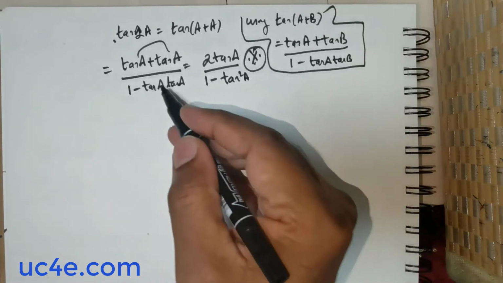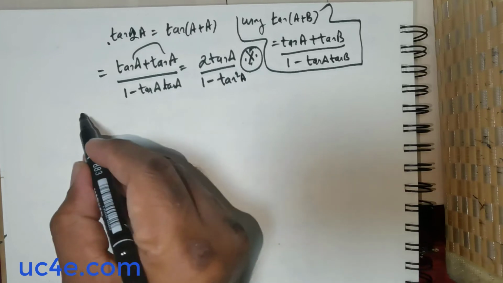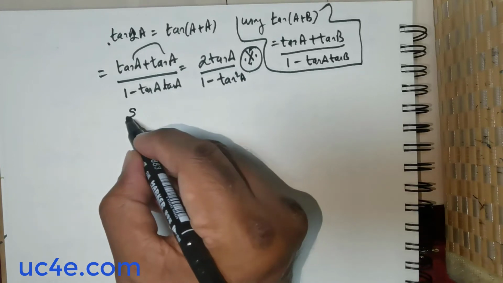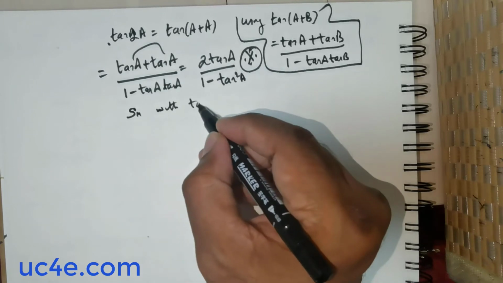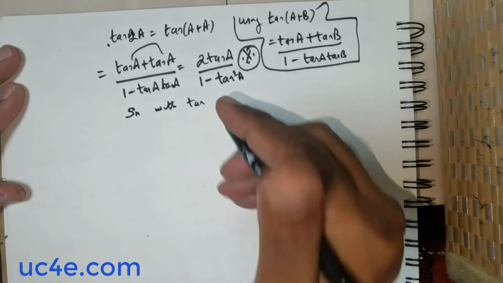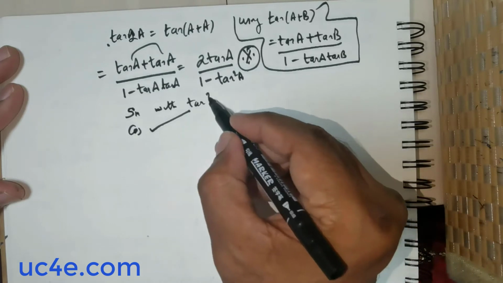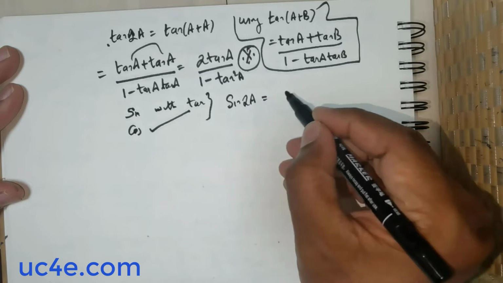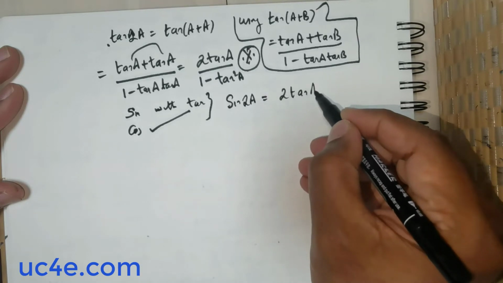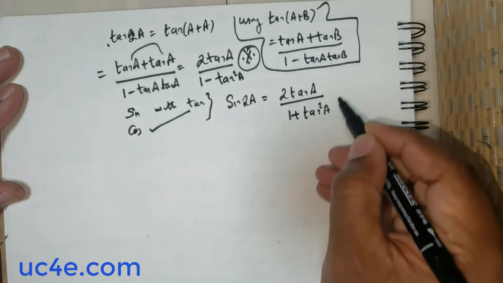Now, having obtained the formula for tan 2a, there is also a relation which we can use that connects sine with tan, and also a relation that connects cos with tan, and that is as follows. Sine 2a is equal to 2 times tan a divided by 1 positive tan squared a.